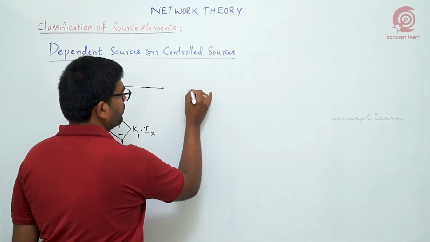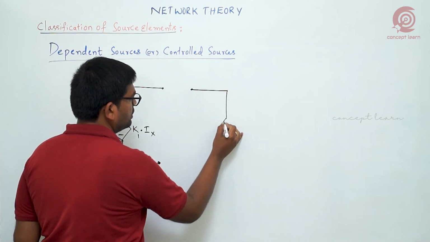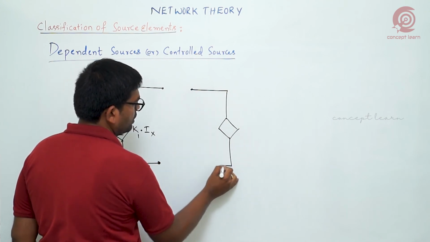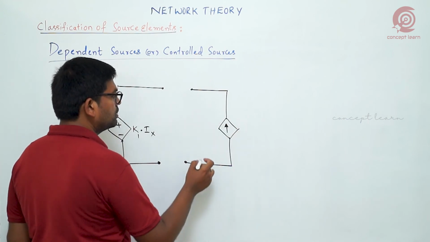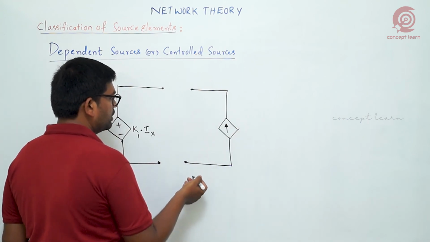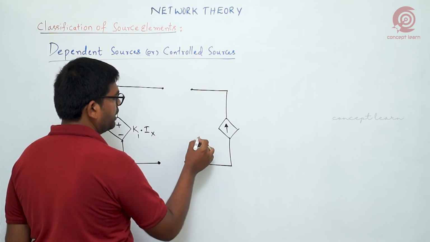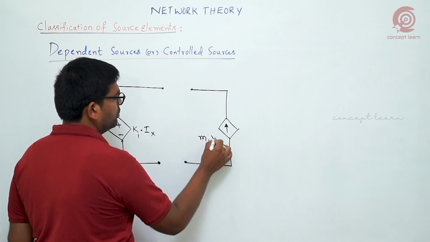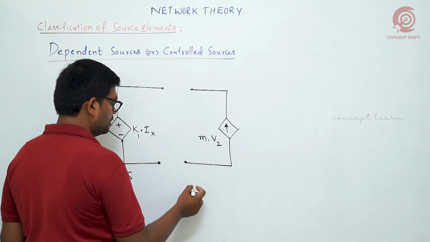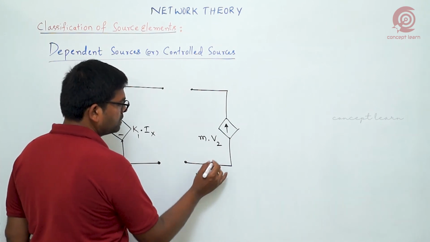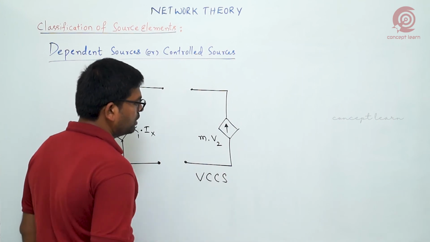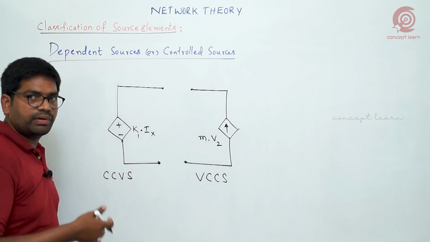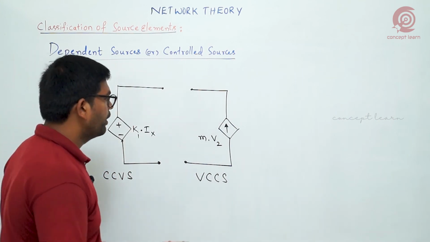In a similar manner, if I draw another source with a direction, this is a current source, and the variable decides what kind of dependent source it is, like M into V2. So you can name it a voltage controlled current source. Like different possibilities I am choosing here.